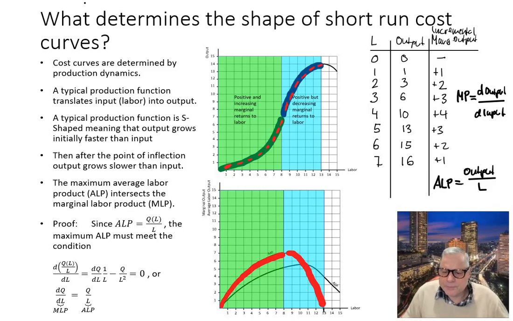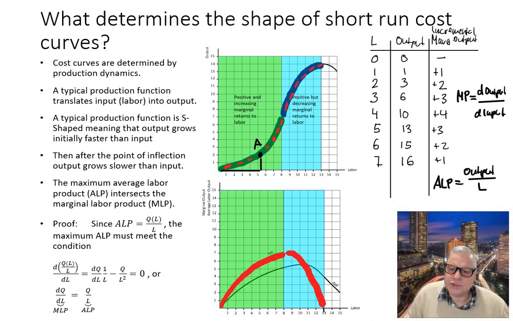Okay, so the average labor output is at any given point the total output over the total input. Let's consider this point here, exemplary, point A. What is the average labor product at point A? Well, it is total output, which is this distance, over total input, which is this distance.